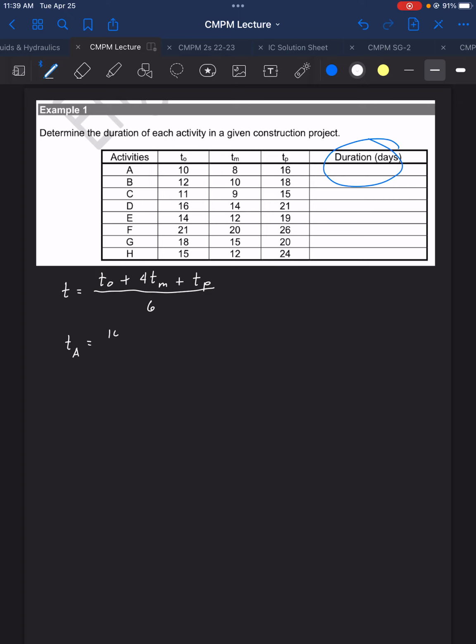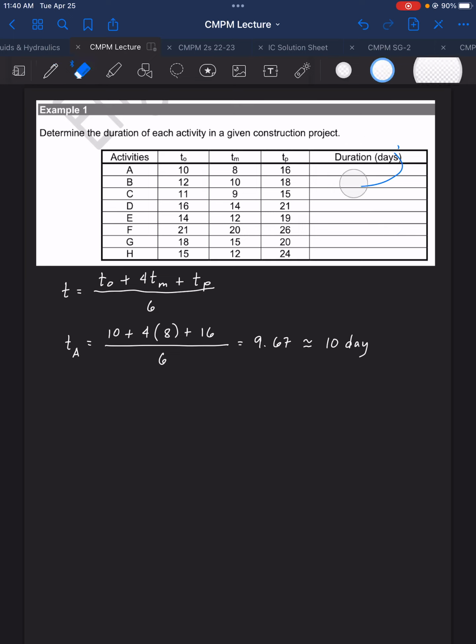That is 10 plus 4 times 8 plus 16 divided by 6. That is equal to 9.67, or that is 10 days. So we will put here 10 days.